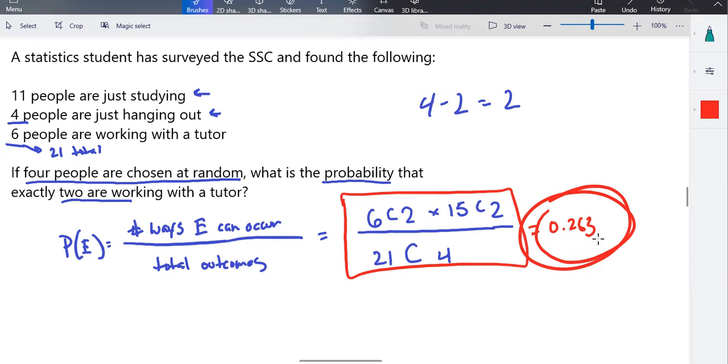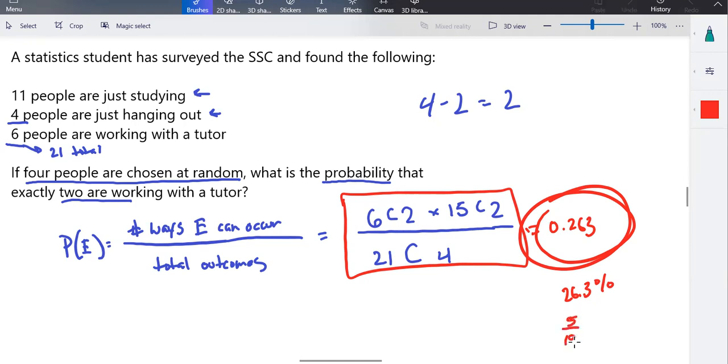Probability can be written as a fraction, a decimal, or as a percentage. So however your homework wants it, it'll specify. But I like to give it in several different ways because it's kind of interesting to interpret it differently. Like for instance, lots of times when you hear probability, you're not going to hear, oh yes, the chance of rain is 0.263. You'd probably hear 26%.